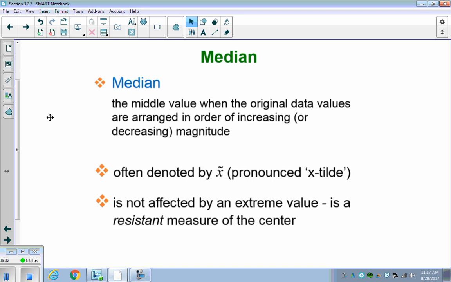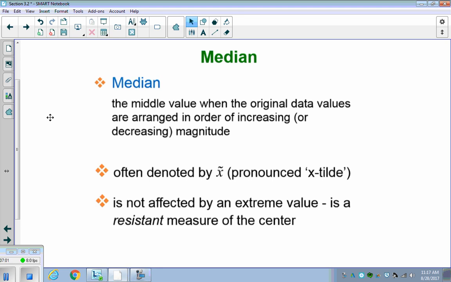The key is you have to put them in order from smallest to largest, because if you don't put them in order, you're just haphazardly pulling something out. It's denoted by X tilde. The nice thing about the median is that it is not affected by outliers.